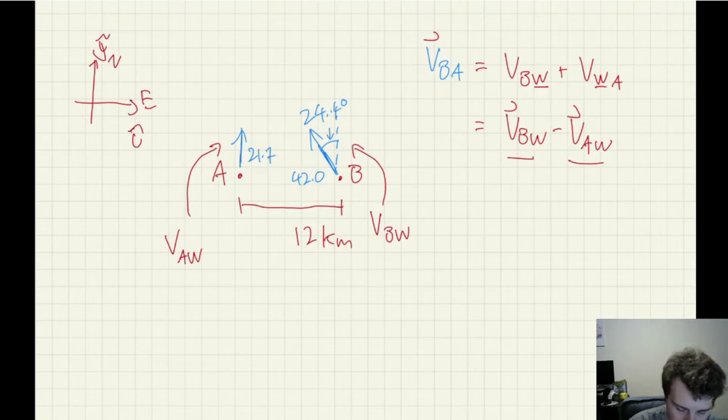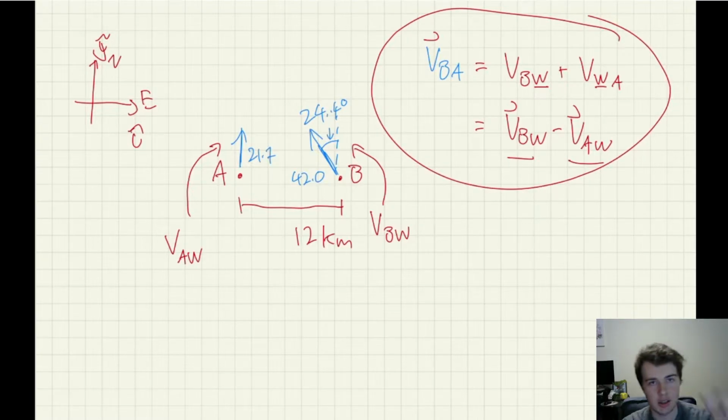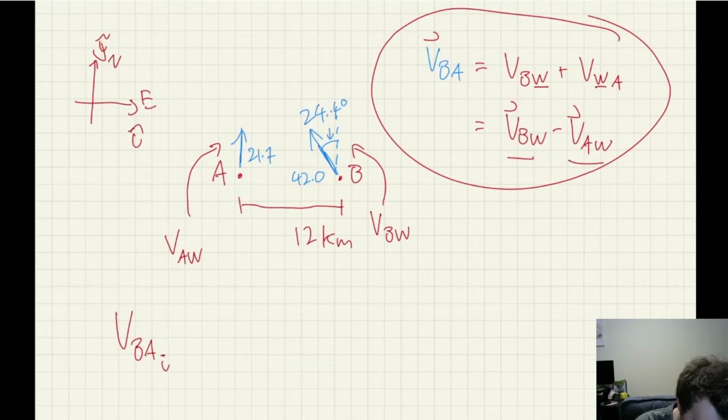And what we're going to do is take this equation and decide that it's 2 equations, okay? The velocity of B relative to A in the I direction is equal to the velocity of B relative to W in the I direction minus the velocity of A relative to the water in the I direction.